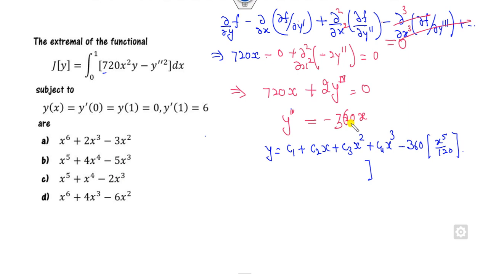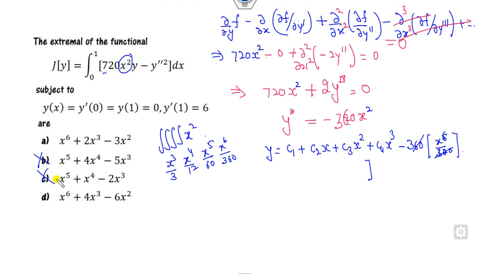Sorry, this is x square. So you have to take the 4 time integration of x square. First one is x cube by 3. Second is x4 by 12. x5 upon 60. x6 over 360. So this is x6 over 360. So this is cancelled out. x6 will be there. So x6 means this option will be cancelled out.